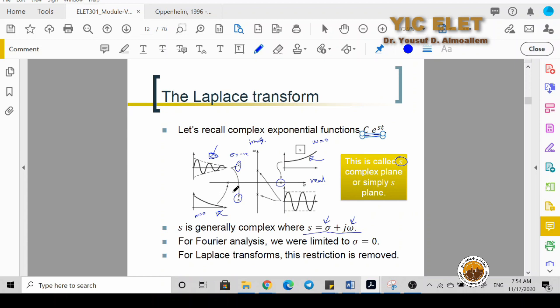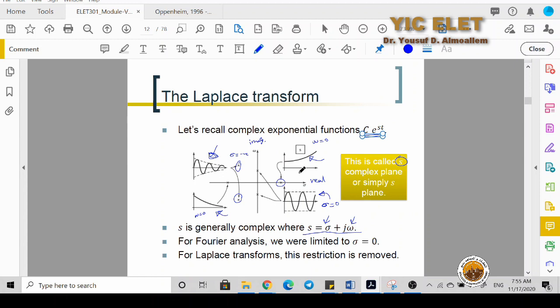And if we do have a 0 sigma, then we will have this type of function.